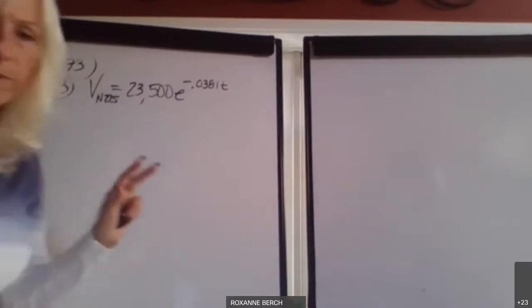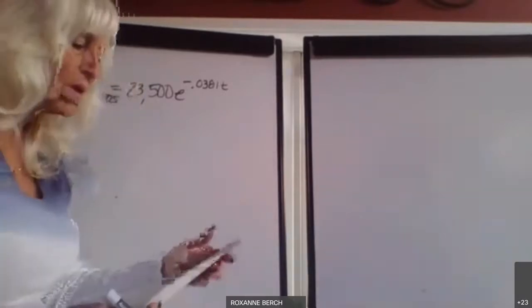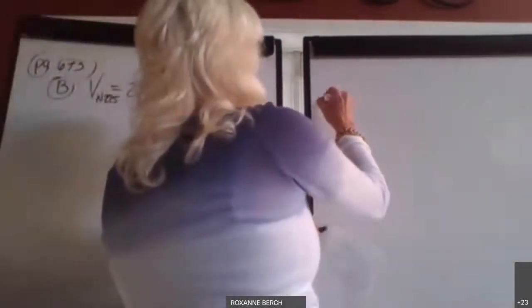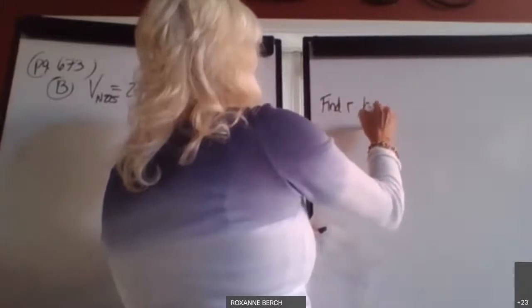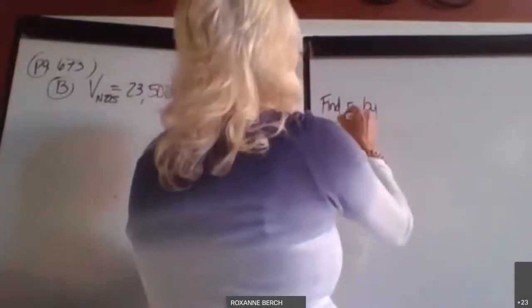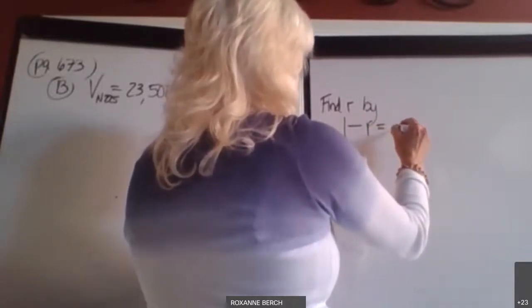Okay, so first of all, remember our directions. They want us to find the R. So this time we want to find R. If it's negative, we want to use 1 minus R equals e to the.